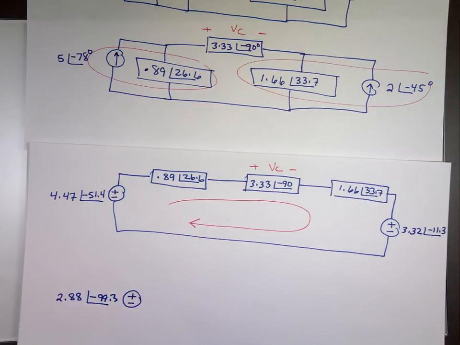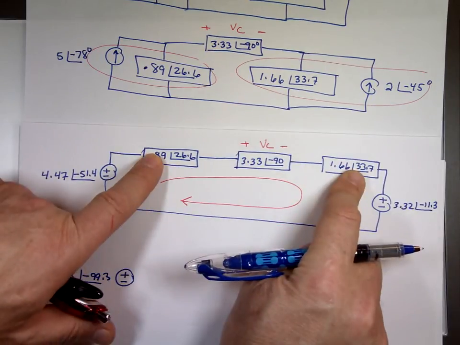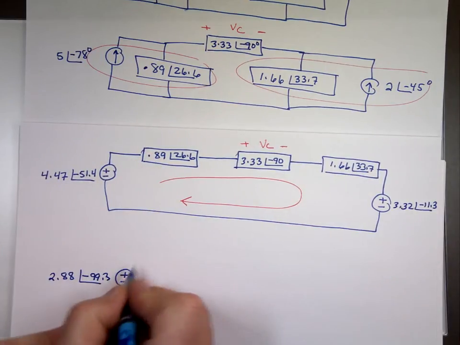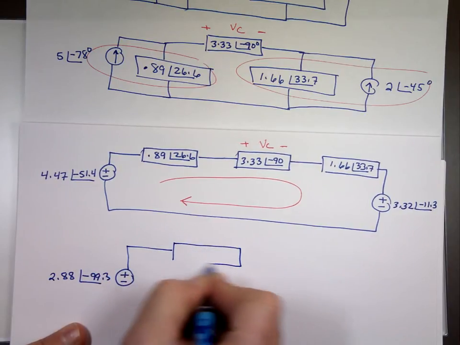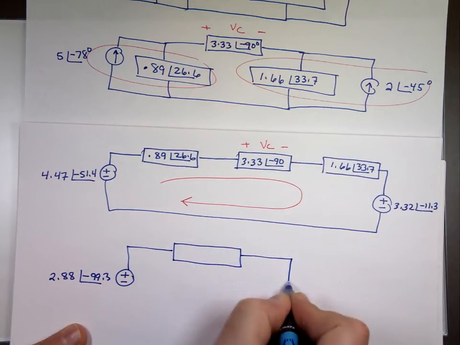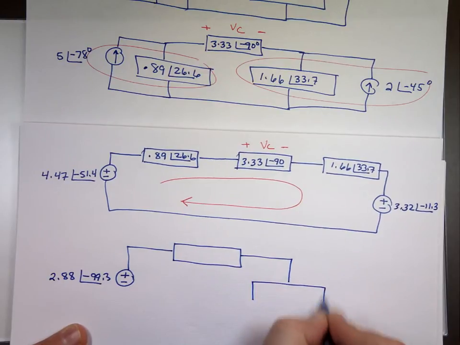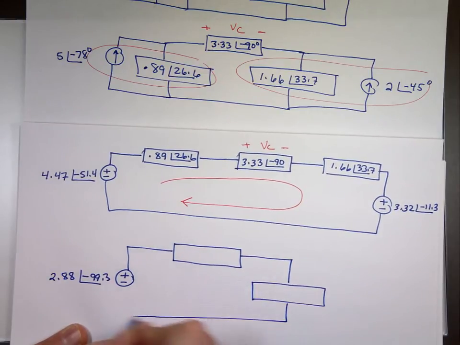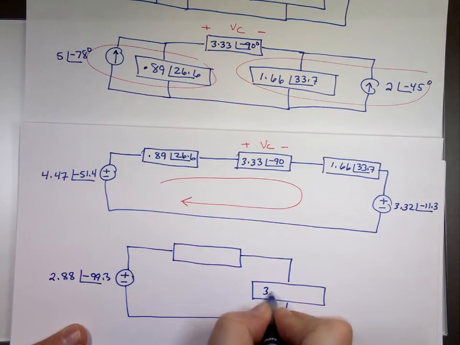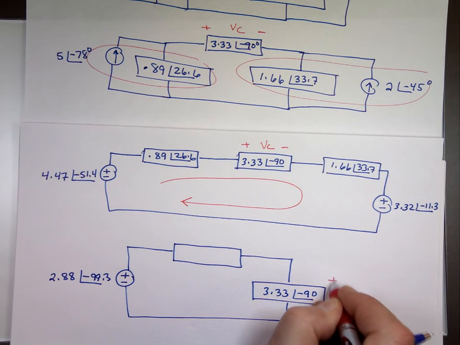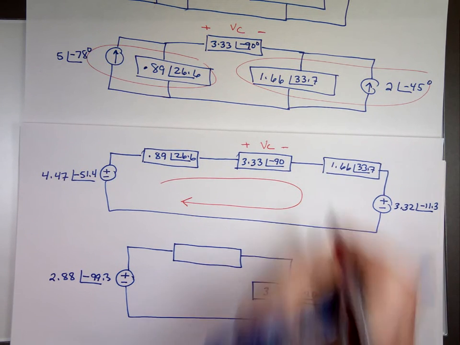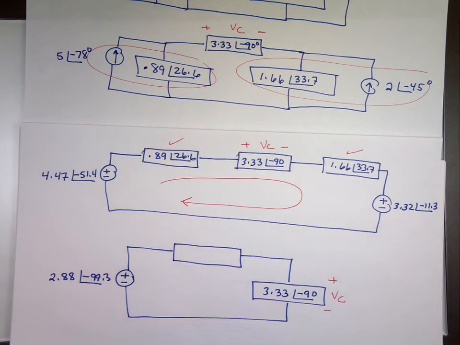I can take this and that, add them, make one impedance out of them, and leave that one, the 3.33, down there. So this is VC. I can take this one and this one, combine them into one. They're connected in series.